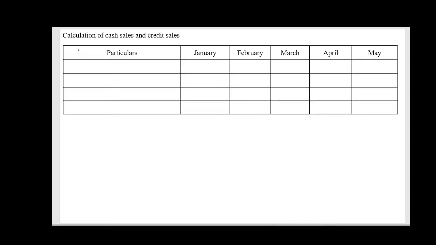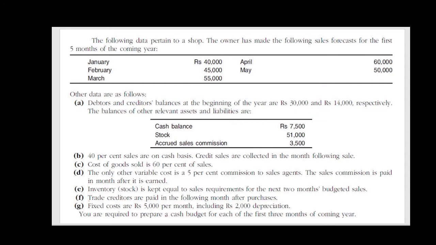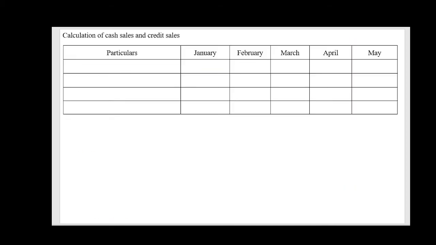Total sales are given in the problem. Let us first find out, of this total sales, what part is cash sales and how much is credit sales. Going back to the problem, they've given January's sales as 40,000, February's sales as 45,000, March 55,000, April 60,000, and May 50,000. Let us first go ahead and write these things in the particulars column. We'll start with total sales.